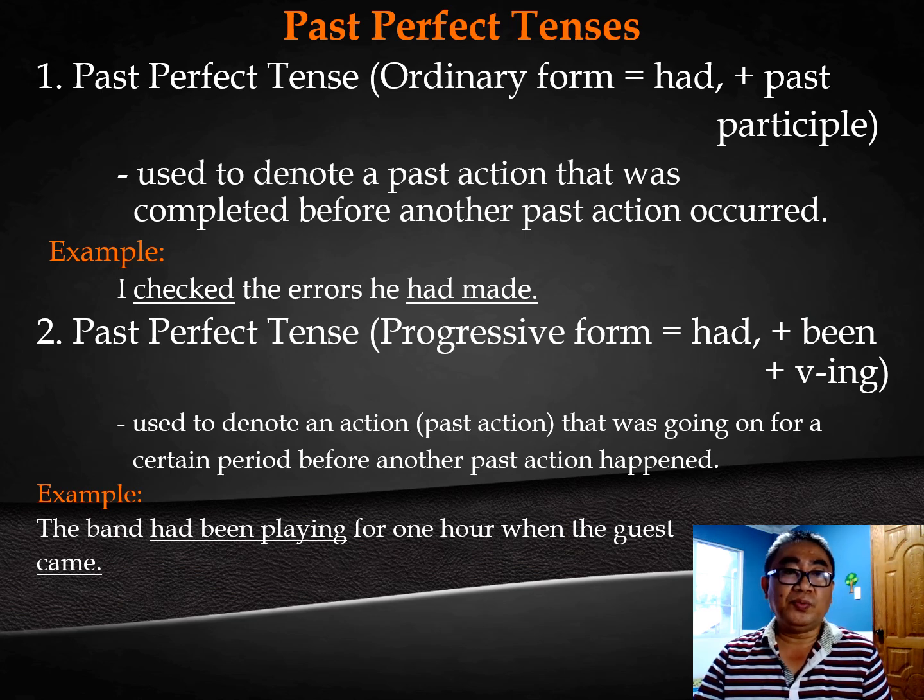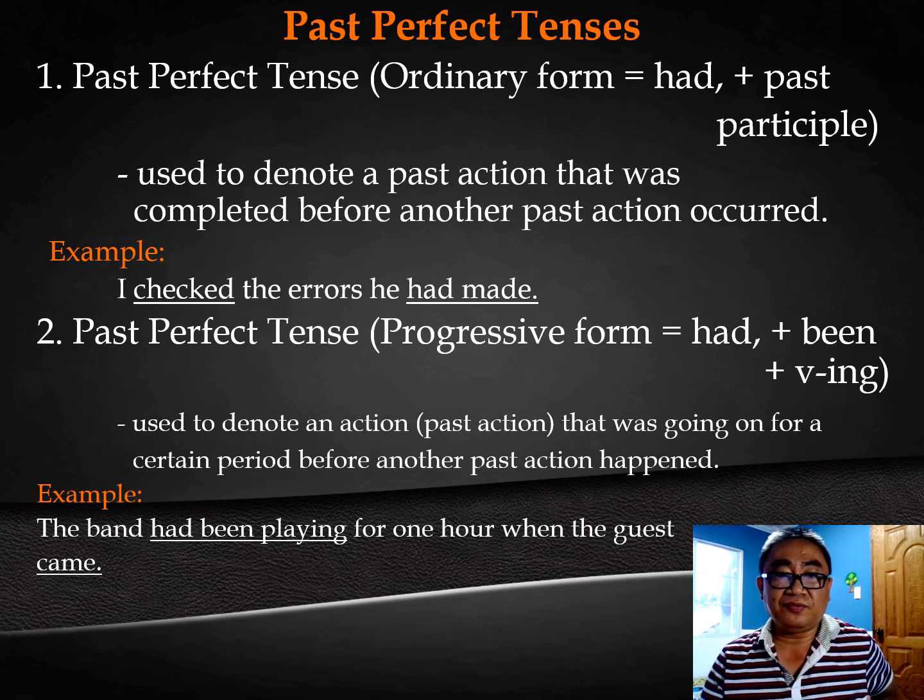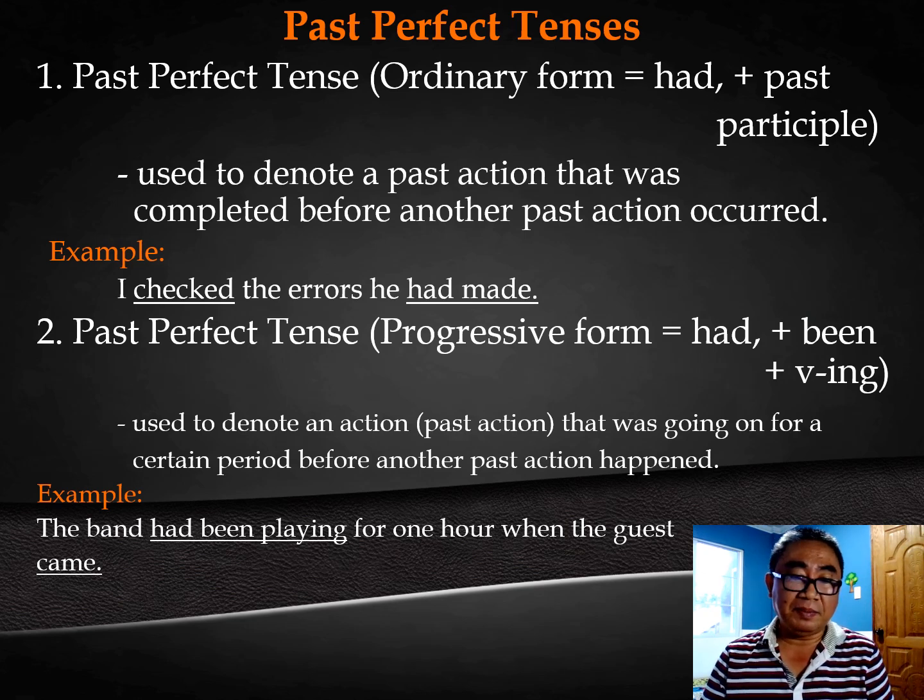Okay, so we have the past perfect tense progressive, continuous form. The formula is had plus been plus the being form, which is used to denote a past action that was going on for a certain period before another past action happened. The band had been playing for 1 hour when the guests arrived. So that is an example of a past perfect progressive tense.